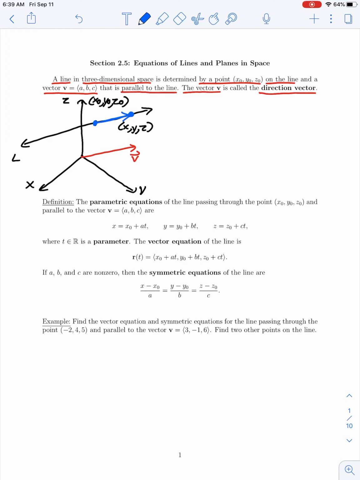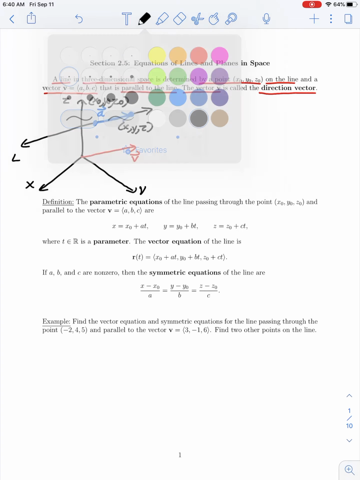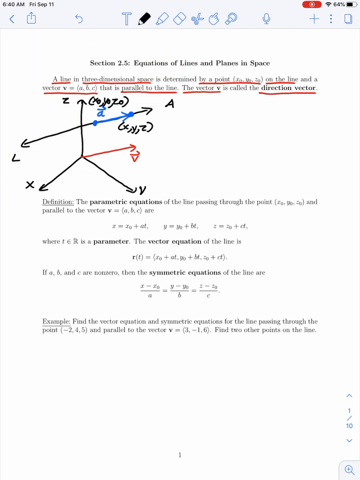I'm going to call that vector A. So a vector on the line would be a vector A whose initial point is x naught, y naught, z naught, and the terminal point is some point x, y, z.